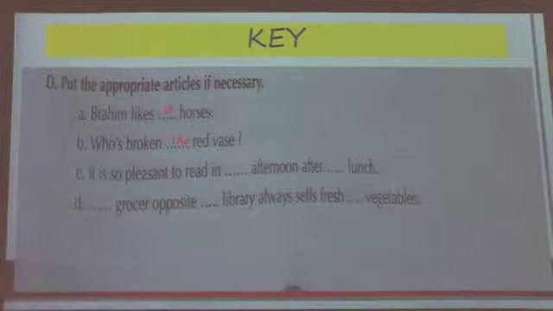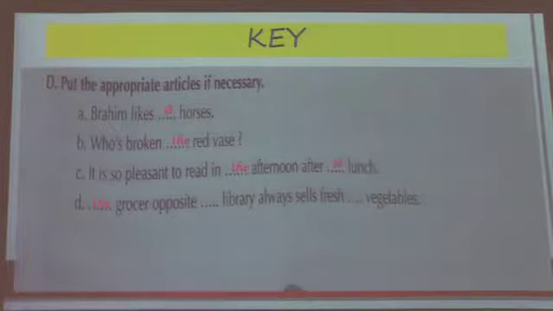Now for C, it's so pleasant to read in the afternoon after lunch, okay? Lunch is here in general. For the grocer, the green grocer, which means we are talking about a specific green grocer, or the grocer, specific grocer.